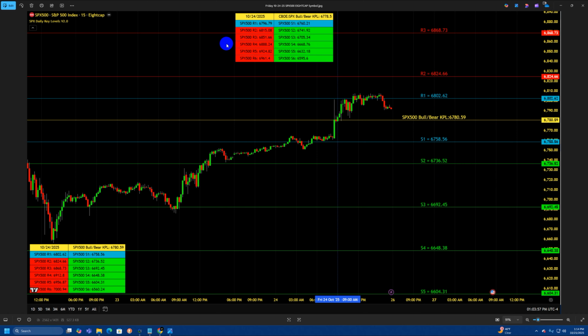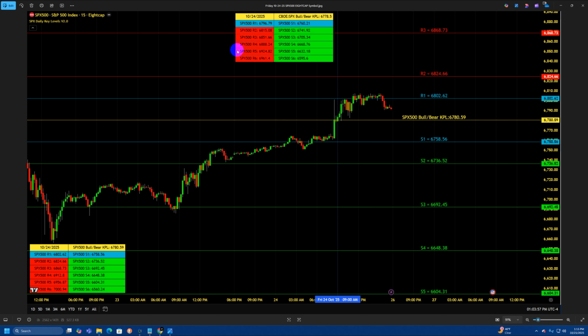However, this second table displays the levels for the CBOE SPX, the main official SPX index that opens at 9:30. The reason you can't see the levels until 9:30 on the CBOE SPX chart is that the CBOE SPX index is not open at 9 a.m. Even though the indicator knows what the levels are going to be at 9 a.m. for CBOE SPX, this is the only way you can see them, because this Forex CFD does trade in the pre-market and overnight, so it is active at that time.